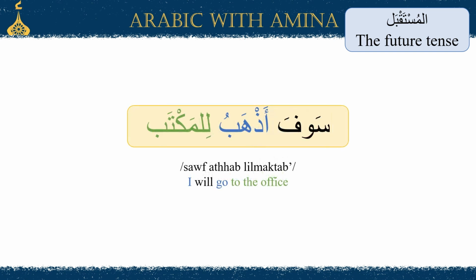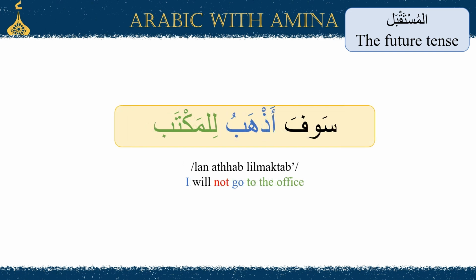Let's take another sentence in the future tense. This time, we are using the future particle سوف, which also means will. سوف أذهب للمكتب. I will go to the office. The same steps apply. First, we identify the verb. The verb here is أذهب, go.